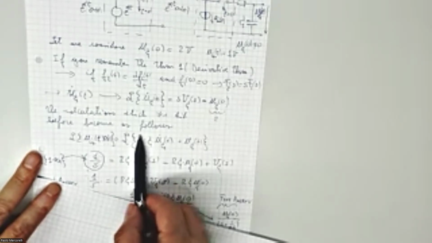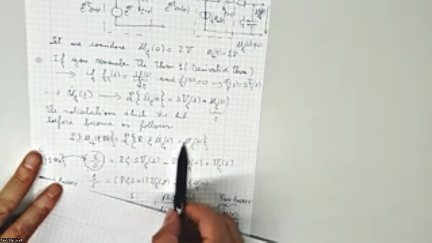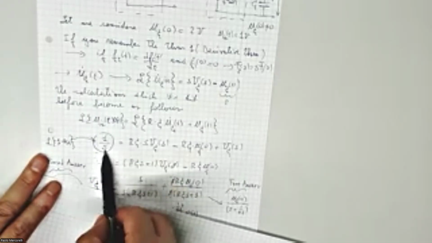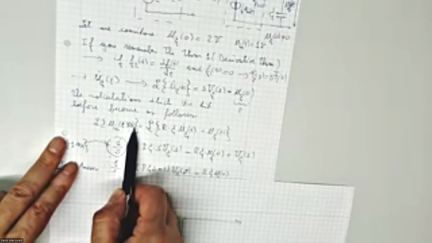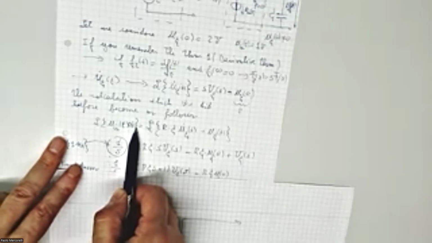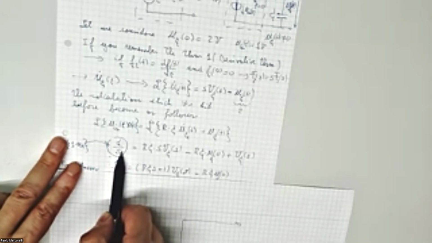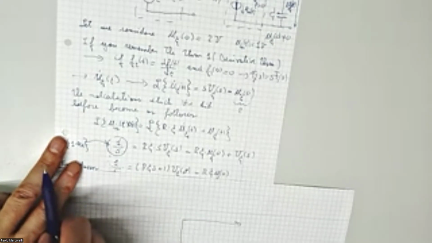And then I use the linearity, distributing the transform on these two elements. I mean, the Laplace transform of this signal here is 1 divided by s. Now, in the demonstration of the theorem, we don't have sigma, but as I told you, sigma is 1 between 0 and plus infinity. This means it does not change the Laplace transform. Again, this is 1.